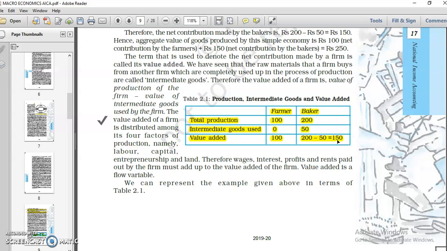We exclude intermediate goods, because otherwise if we add 100 plus 200, it becomes 300. 300 would not be the total national income. Your national income would be 100 plus 150, because 50 is already added into that 200 rupees. So that's why your value added is rupees 250, and it is called your national income.